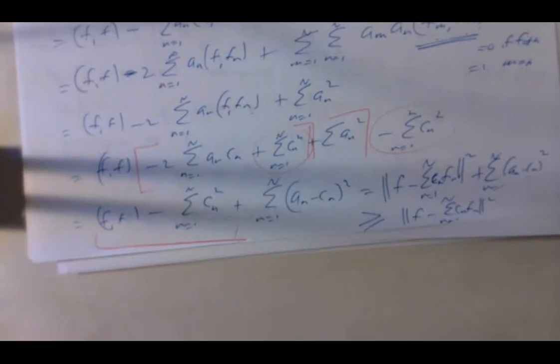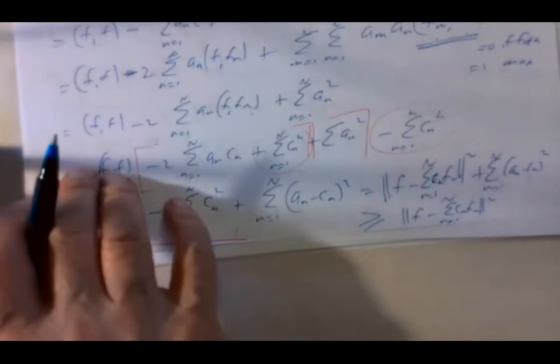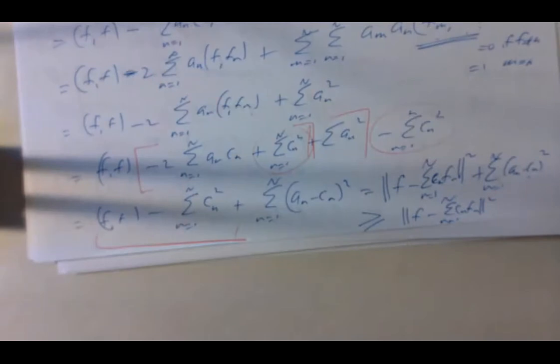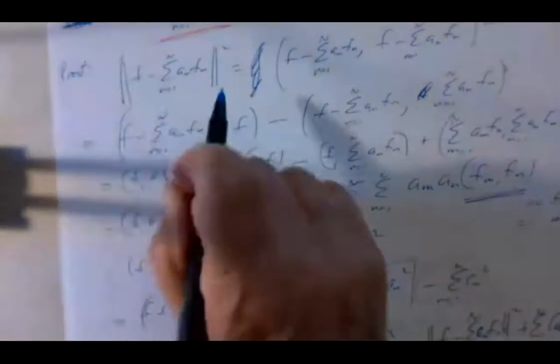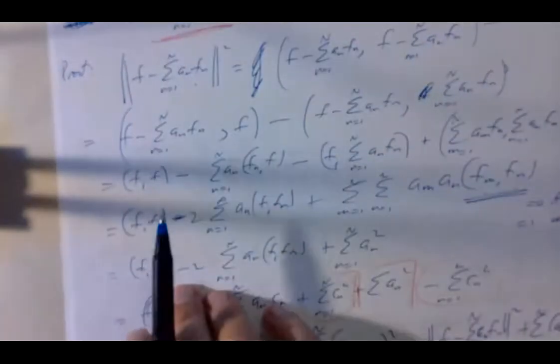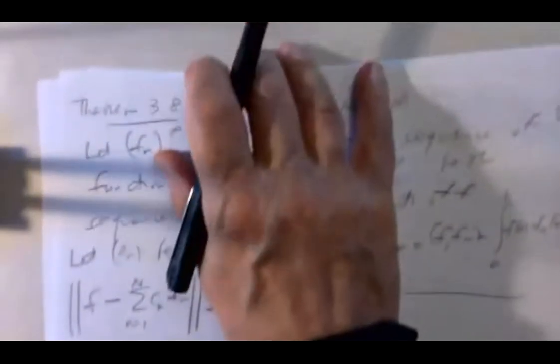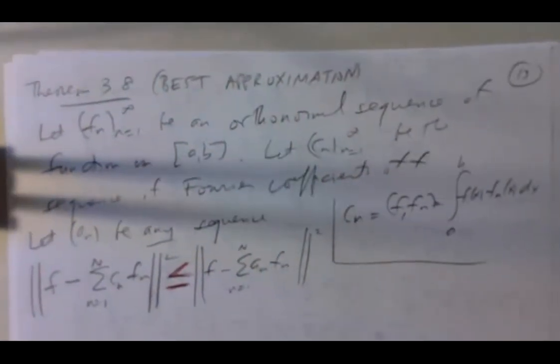So this is the best approximation theorem, 3.8 in the notes. This is the best approximation theorem for Fourier series.